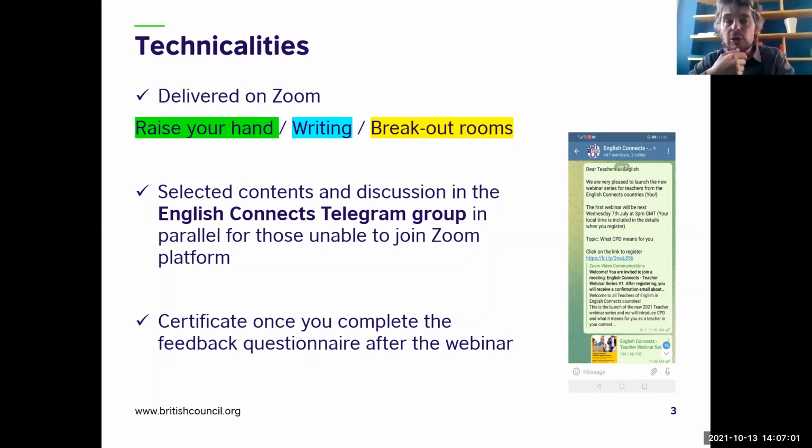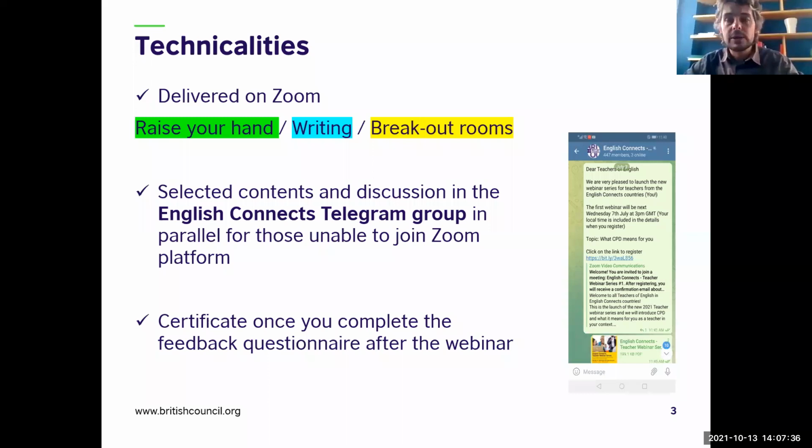In blue, Joseph might ask you to write an idea or an answer in the message comments. Or in yellow, we will send you into breakout rooms so that you talk in small groups, discuss for 2 or 3 minutes, and then we will close the breakout room and you come back to the plenary for Joseph to feedback.